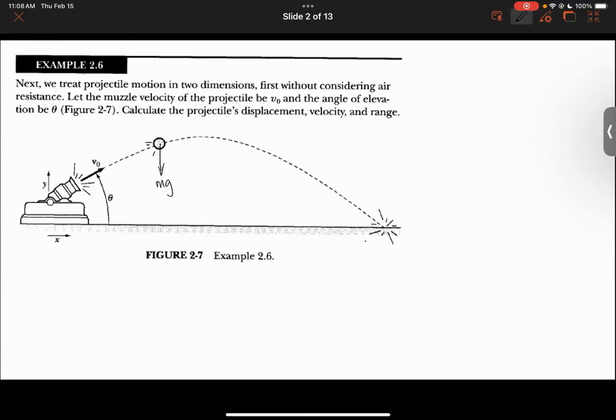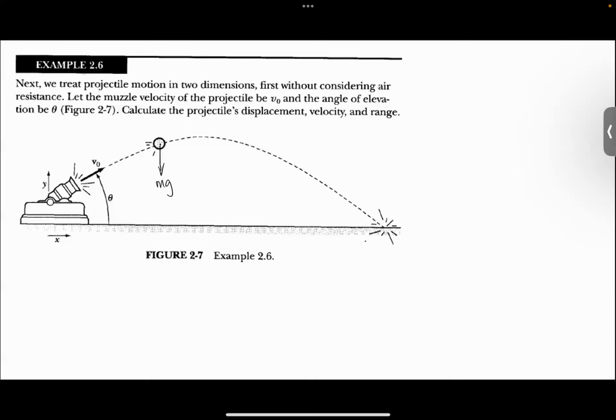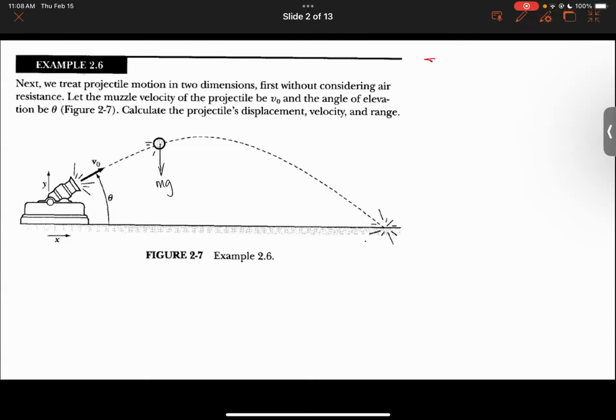Which means na if we sum yung forces along the horizontal, then we get, well, we don't have any forces, so zero yung force dyan, but this is still equal to m x double dot.